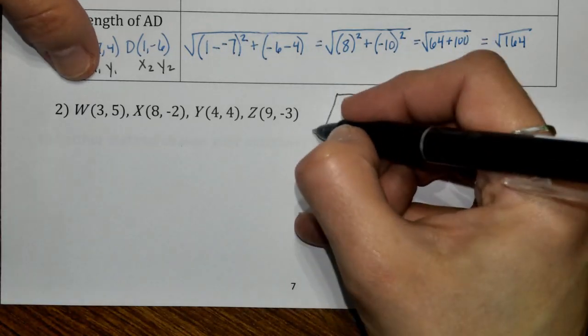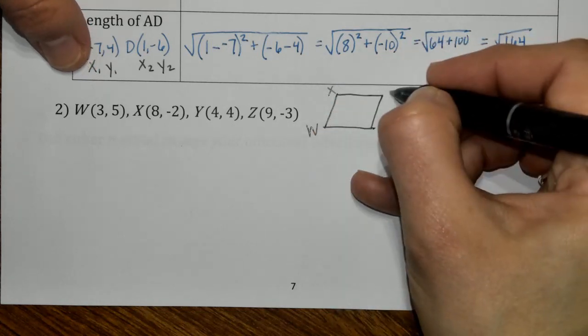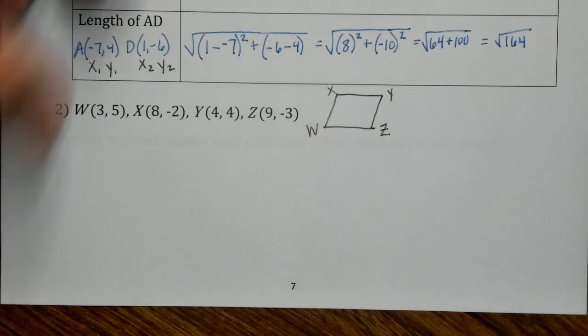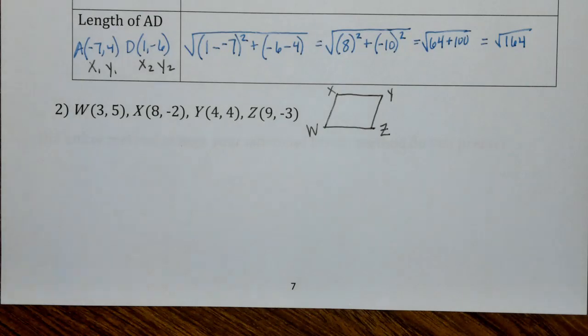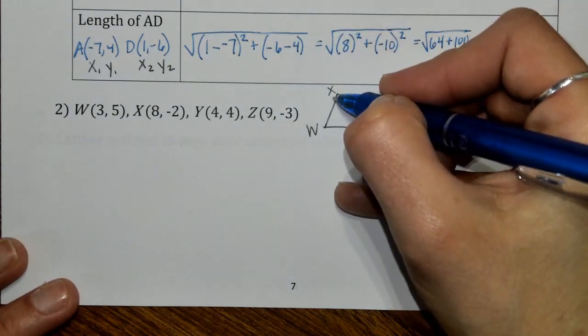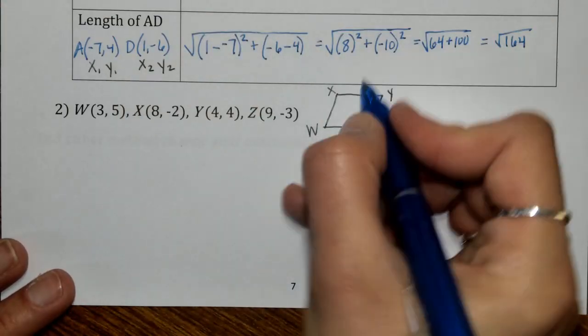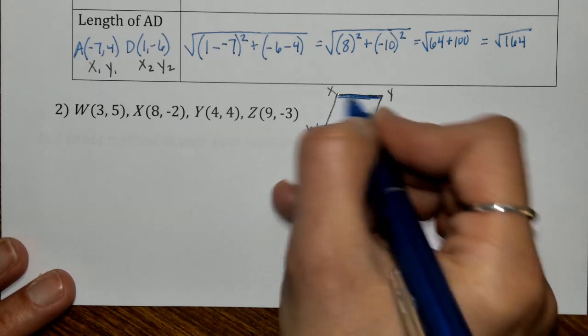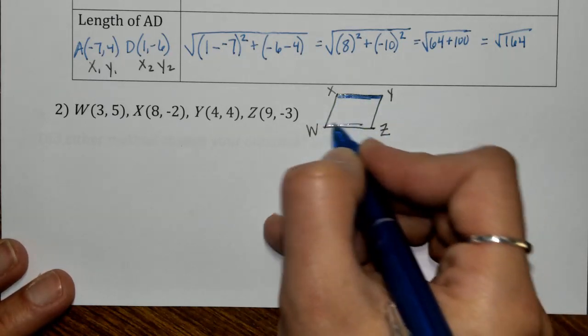Here we've got a parallelogram WXYZ. I'm going to take 2 sides that are supposed to be congruent. So let's say XY right here and WZ right here.